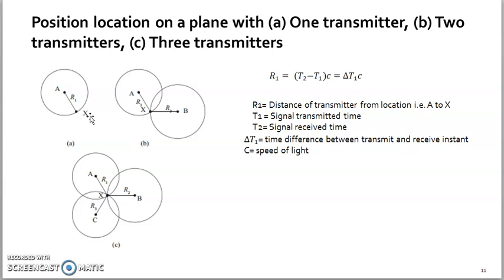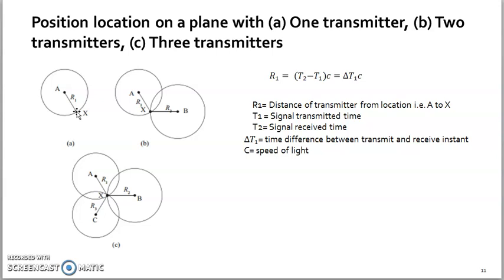There will be a delay because of the distance between A and X, transmitter and receiver, and that delay can be calculated if we know at what exact time the signal was transmitted from A and at what particular time that signal was received at location X. So we know the transmission time as well as the receiving time.